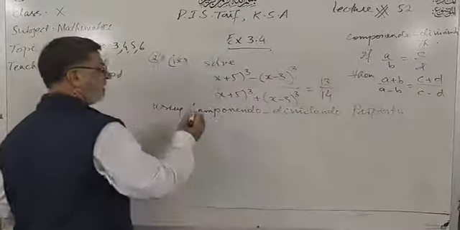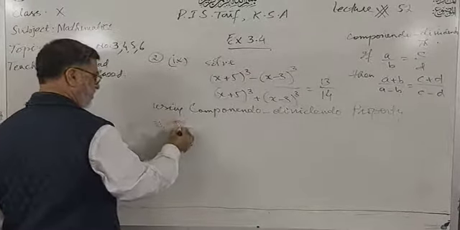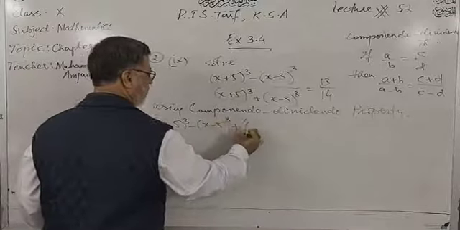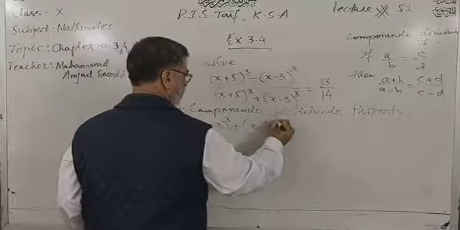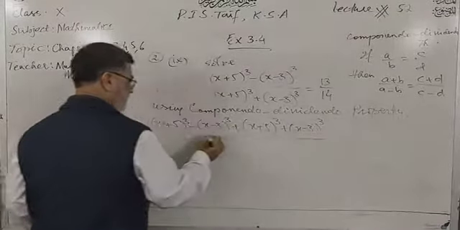We have a numerator and denominator. (x plus 5) cube minus (x minus 3) cube plus (x plus 5) cube plus (x minus 3) cube.